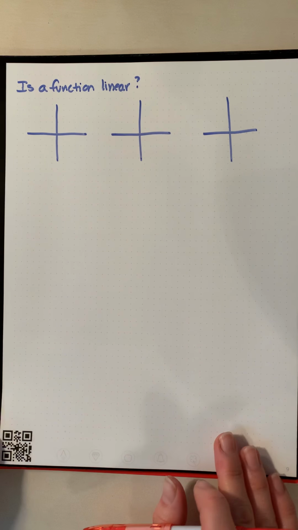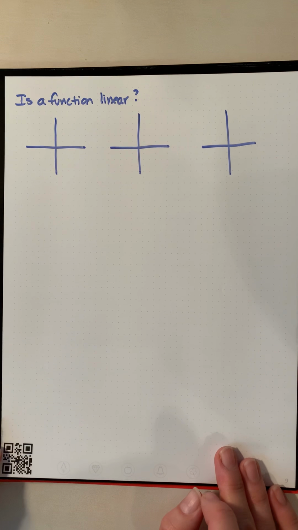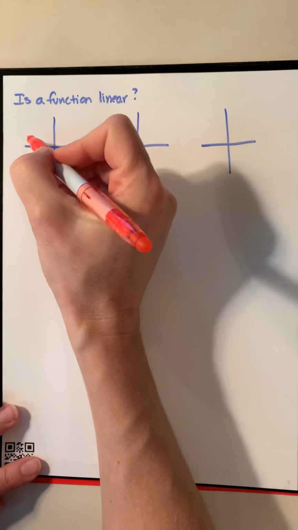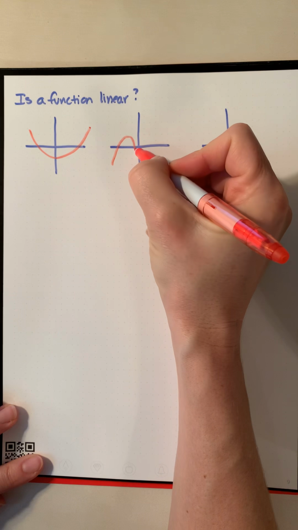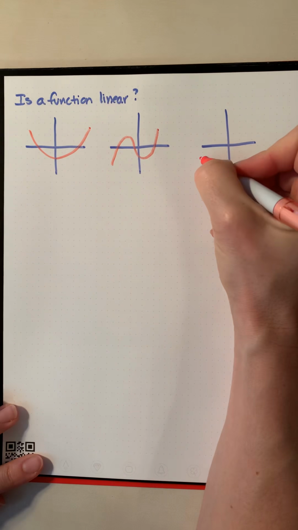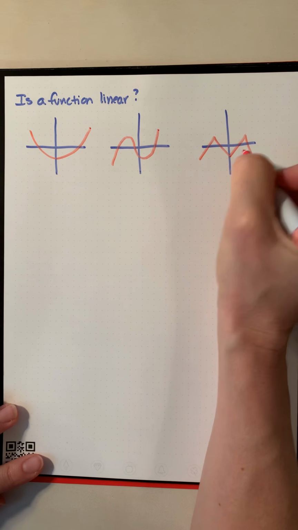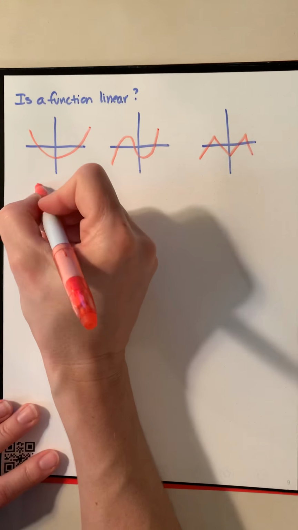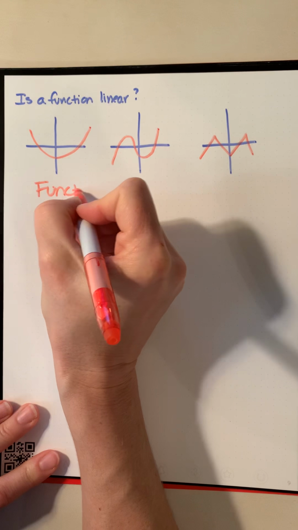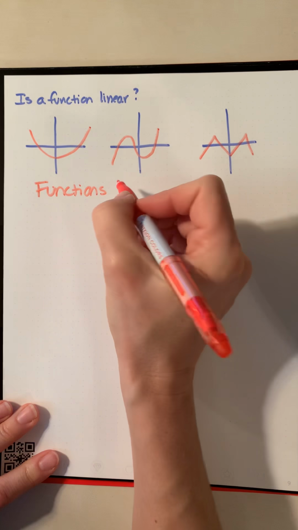Okay, so then the next thing we're going to look at today is determining whether a function is linear or not, okay? And believe it or not, if I drew something like this, or I drew something like this, or something even funny looking kind of like this, all of these are functions, okay?